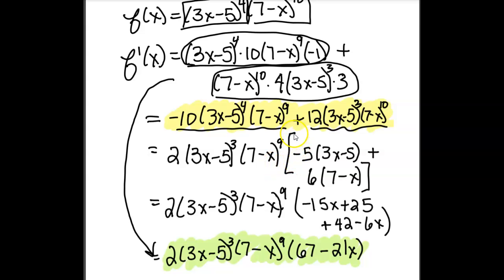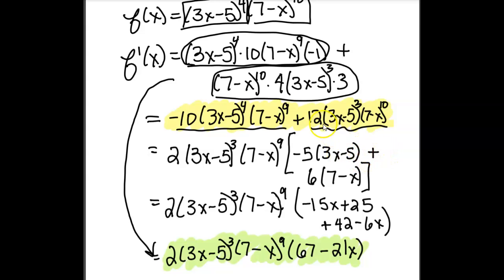In the brackets here, we write down what's left over. Remember, a 2 was factored out, and you had a -10, so that leaves a -5. You had 4 copies of 3x minus 5, but 3 of them are factored out, so that leaves 1 left over here. The 7 minus x to the 9th all got factored out, so none of those are left in the first term.